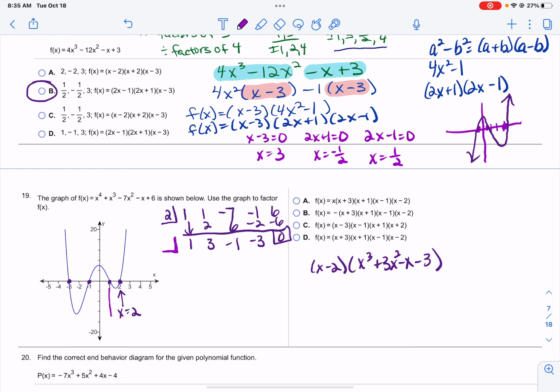The next zero is x equals 1. So I'm going to put a 1 in the box here for synthetic division and bring down the first term, multiplying, and add. 1, 1, 4, 4 times 1 is 4, 3, 3, and 0. So that means we have a remainder of 0.